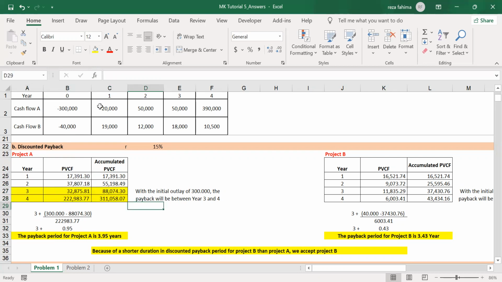Because the 300,000 is in between 88,074.3 and 311,058.07, right? And then the next step, you have to write down the earlier year, which is the 3rd year.